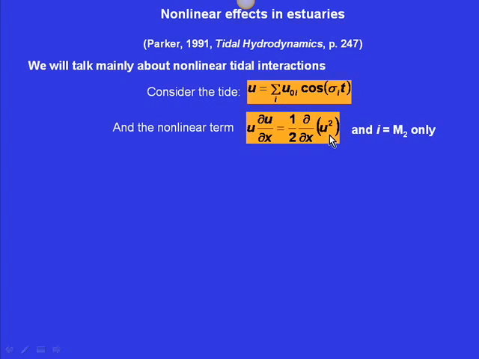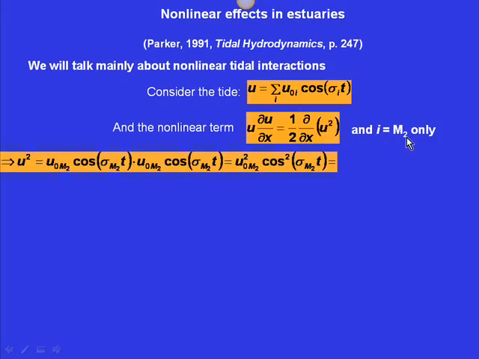So notice that we have u squared, and we're going to take these subscript i indices as one harmonic, the M2. So u squared is going to equal that one times that one. That is the product of two harmonics. And you've probably seen this in your waves class, right? And your nonlinear waves class too. Who has taken nonlinear waves? Nobody?